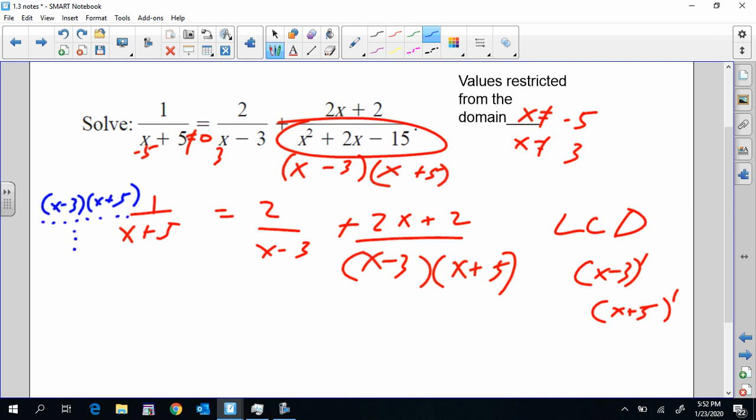That's the last time I'm going to write the over 1. Because you know they got to be in the numerator, and if you don't show a denominator, it's implied as numerator. So each and every term gets multiplied by the exact same expression.